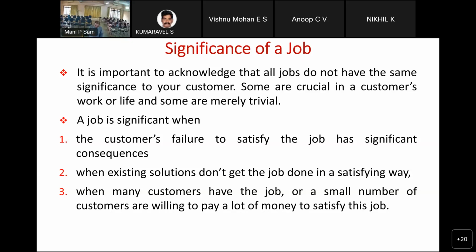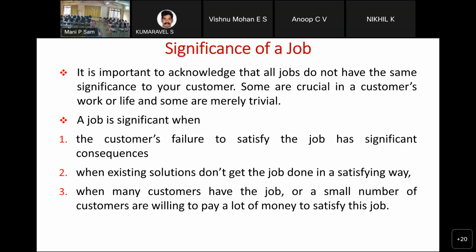And second thing is looking at the number of customers. What you are really looking at is, are there many customers who require this job to be done? Or there is a small number who is really willing to pay a big amount for getting it done. The pain is so real, or the gain required is so important for them.